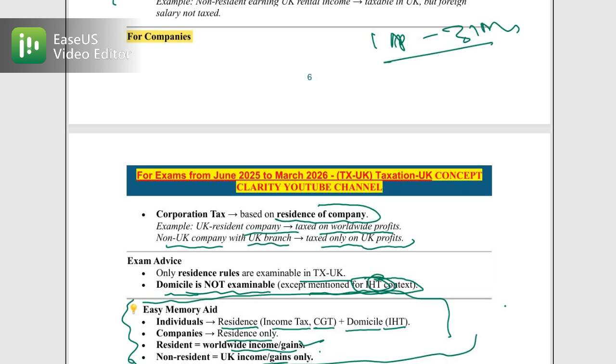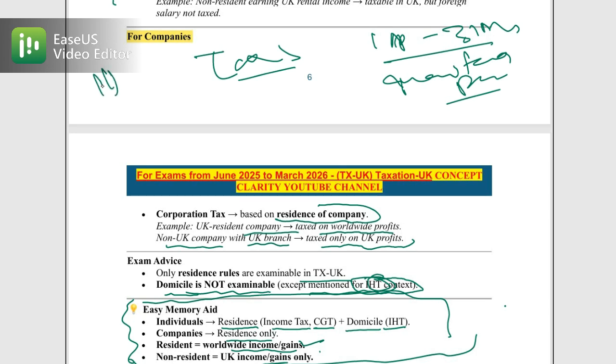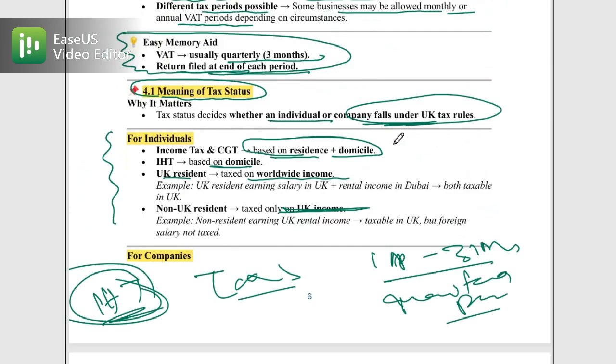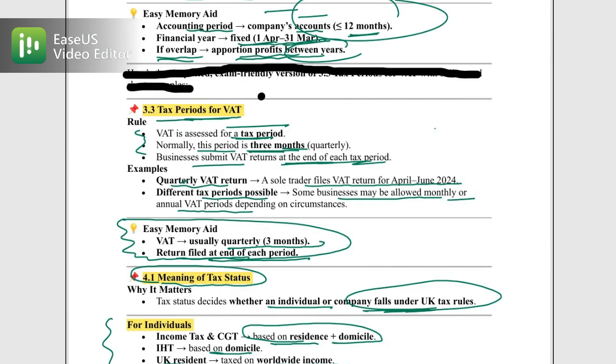For VAT, the tax period is usually quarterly. For tax status, residence is the key for individuals and companies, and domicile only matters for inheritance tax. So this is all about accounting period, financial year, tax period, and tax status. Okay, thank you for watching.